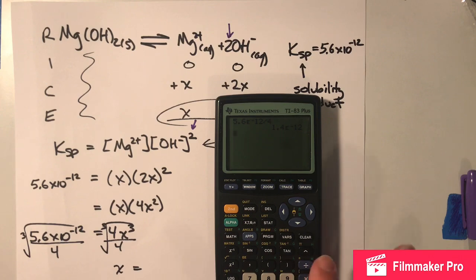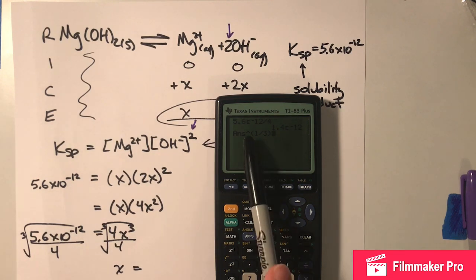But now I'm going to take that resulting number and raise it to the 1/3 power. The reason I advocate doing it this way is that while I think it's a little hokey, it always makes sure that you know how to do things like 3rd, 4th, 5th, 6th roots on your calculator. Your calculator may have a better way to do it depending on what you have, but on my TI-83, I find this is the best way to do it. Just don't forget to put your 1/3 in parentheses.